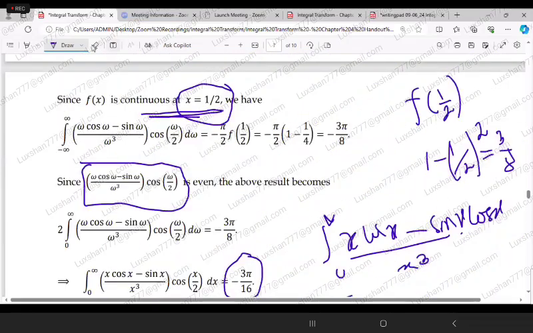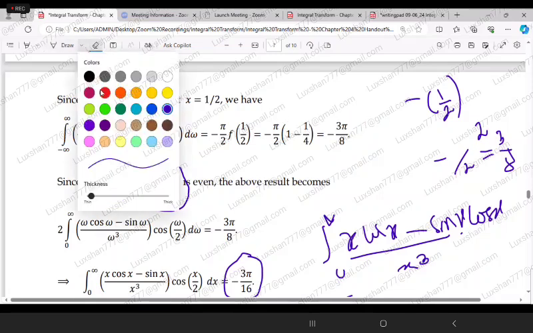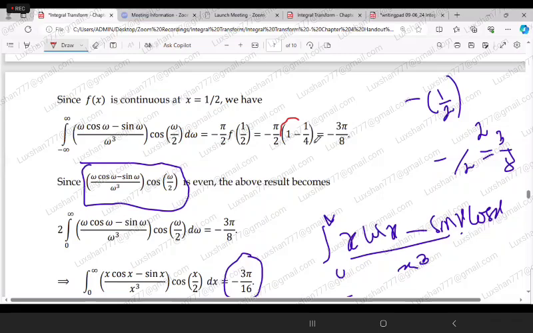Here actually what you have to put, for this one, you have to put f of 1 plus f of 1 minus, divided by 2.